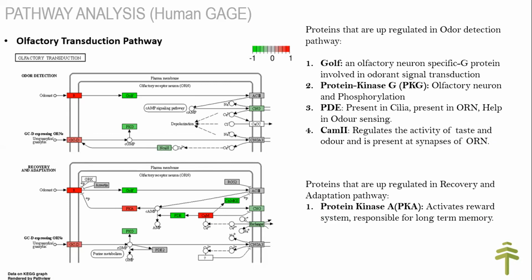For the olfactory transduction pathway, you can see over here the olfactory receptor protein, which is responsible for sensing odor and smell detection pathways, was highly upregulated in gray matter lesions. I'm sorry, downregulated in gray matter lesions, due to which a possible association is that people who are diagnosed with multiple sclerosis have a lowered sense of smell and odor detection.